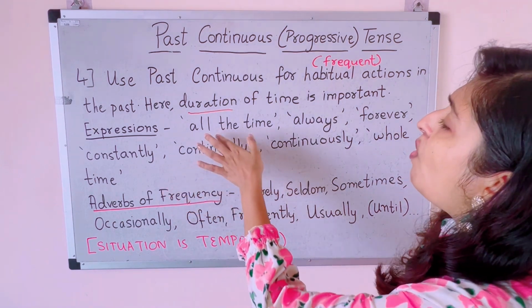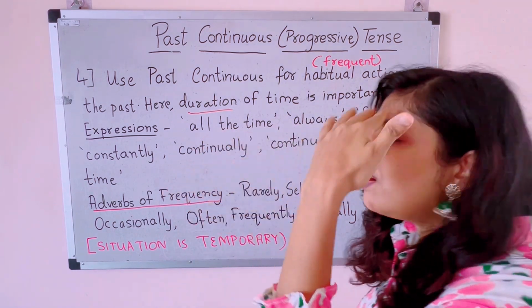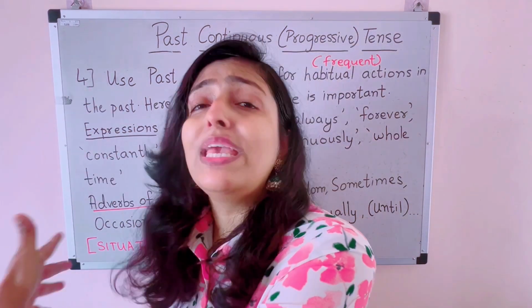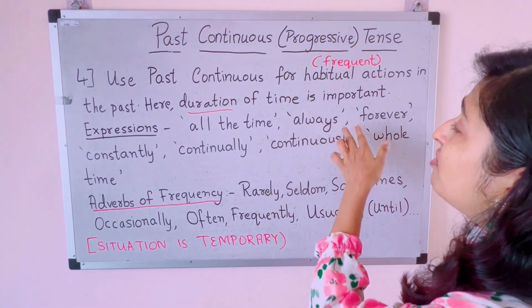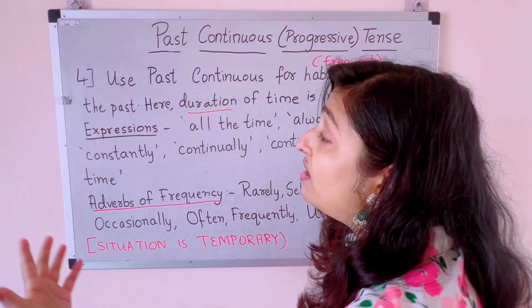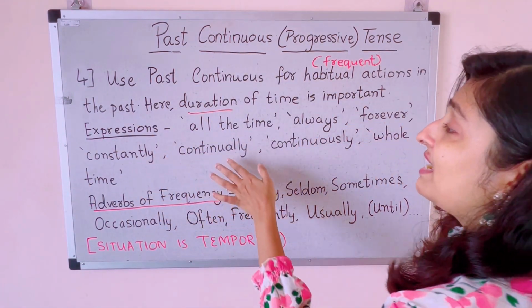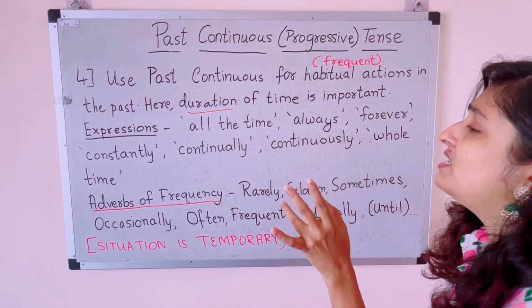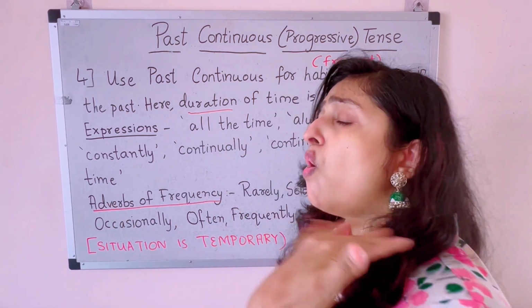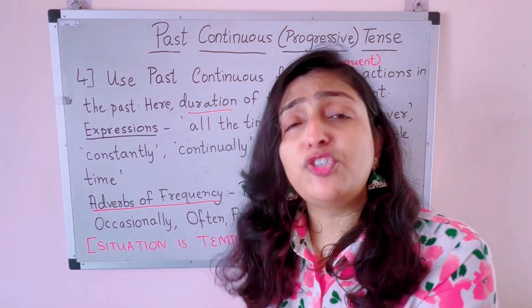For example, all the time he was doing this. Always, forever, constantly, continually, continuously, whole time, whole day, perpetually.